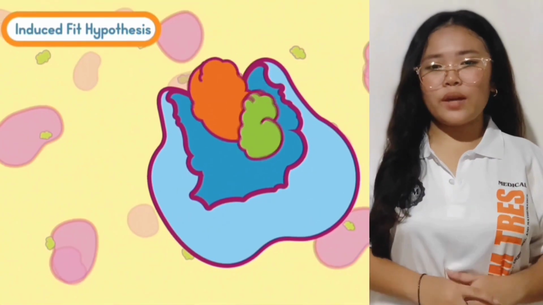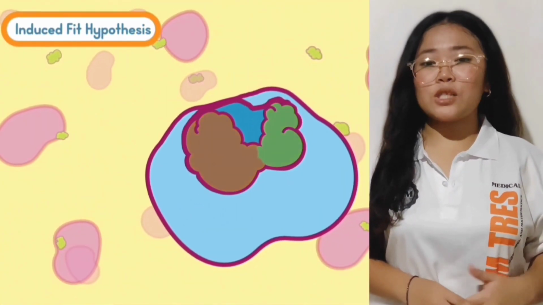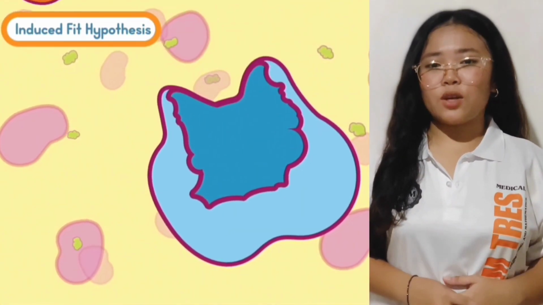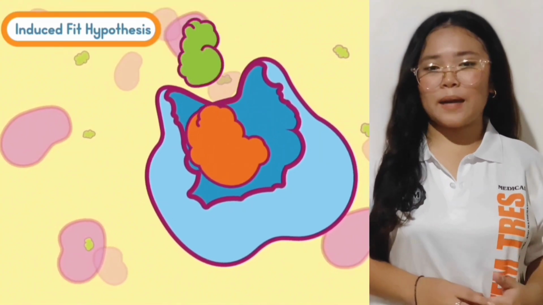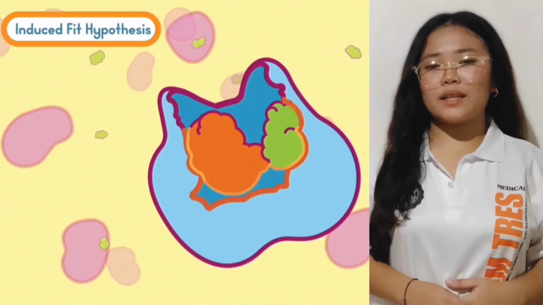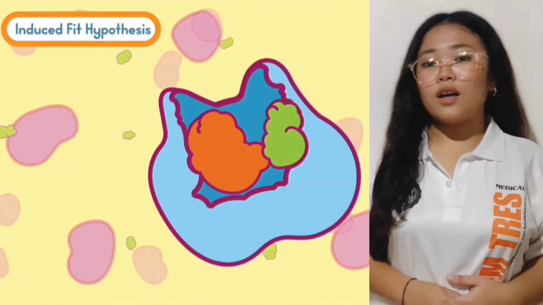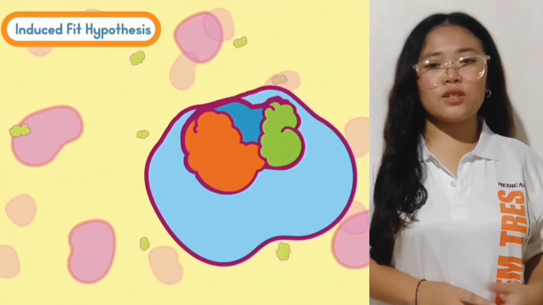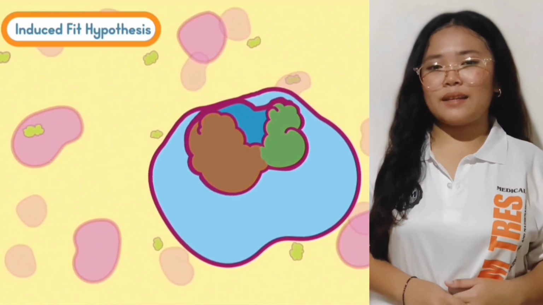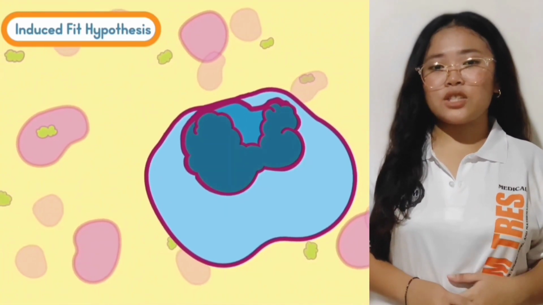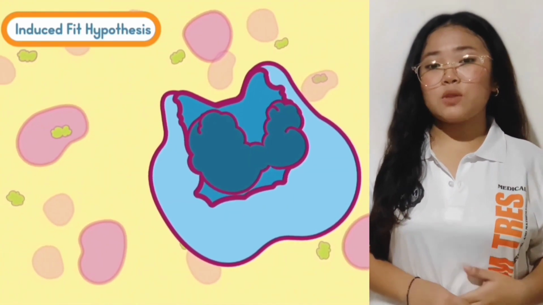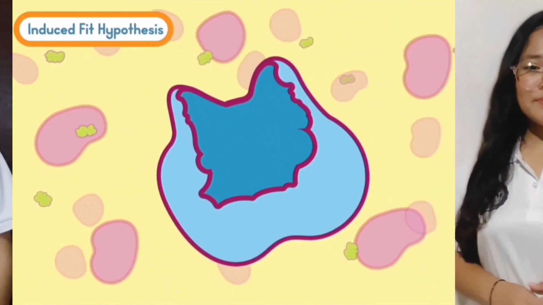According to this theory, whenever a substrate binds to an enzyme, it induces a conformational change to the enzyme, which strengthens its binding. The induced fit theory proposes that enzymes are not static but can alter their shape upon substrate binding. This dynamic interaction optimizes the fit between the enzyme and substrate.